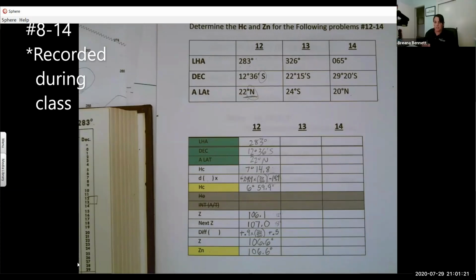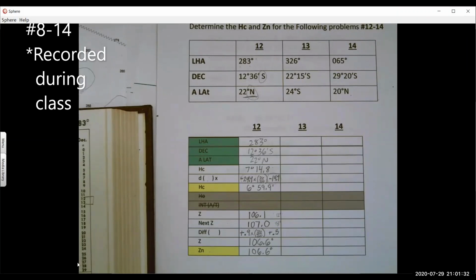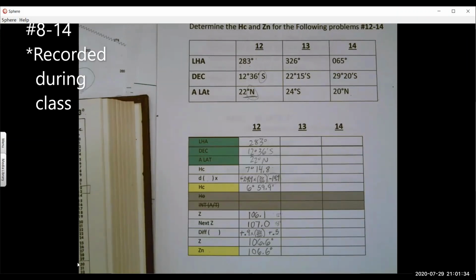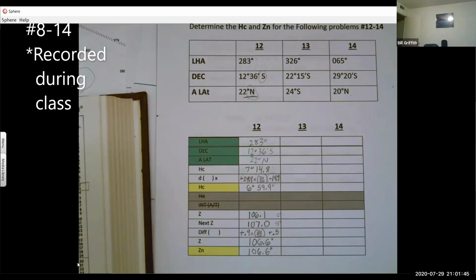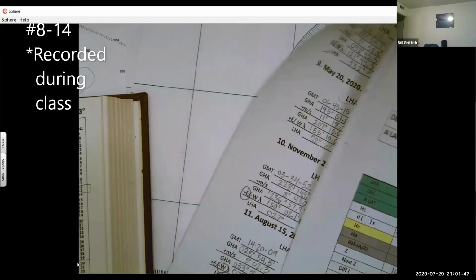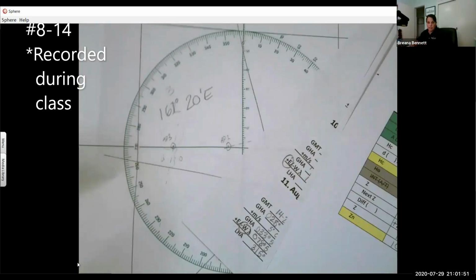How we doing? Okay. Bree, do you really need to do Z or Zn to the decimal degrees? No. You could round it. It's all about, you know, you're seeing it on here.